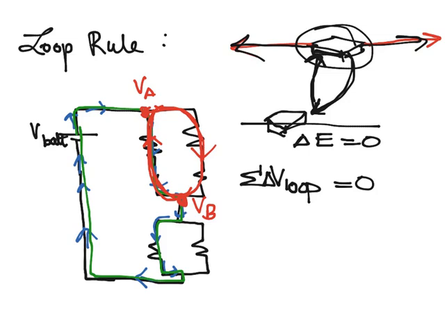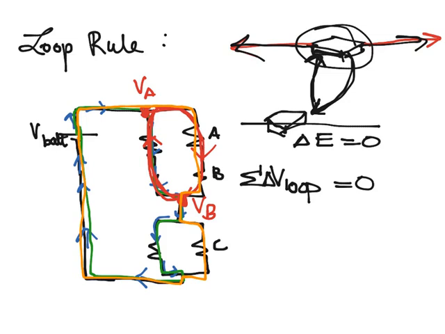Now the question is, how do you represent this mathematically? And to represent this mathematically is actually pretty easy. Okay, so for any loop that you can draw, and I'm going to look at this loop right here, this orange loop, as long as you've named your resistors, or you know something about your resistors, I'm going to name this resistor A, resistor B, and resistor C, we can write out Kirchhoff's loop rule. Okay, we know that at the beginning we have our battery.